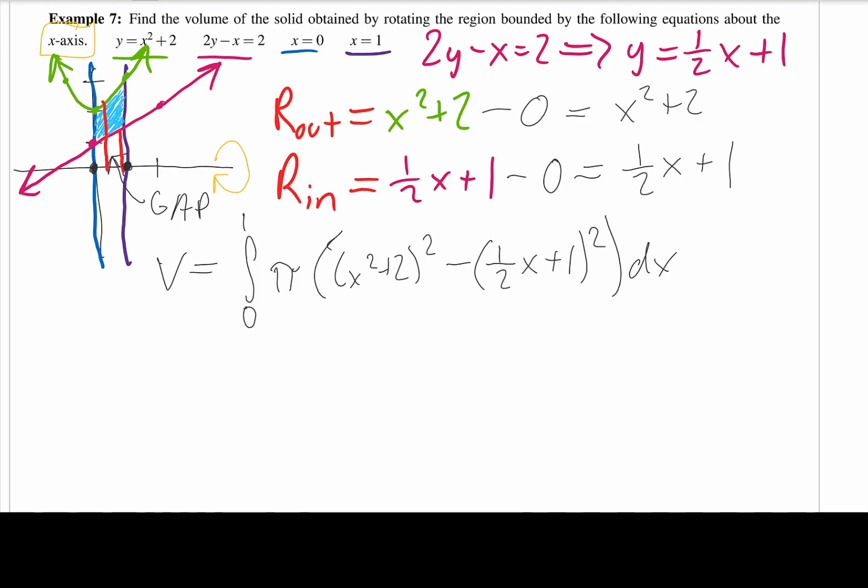Okay, and then I don't have any tricks here except for pull out pi, FOIL these both out, combine like terms, and then integrate. And when you do that, you should get that this is approximately 12.41. Okay.